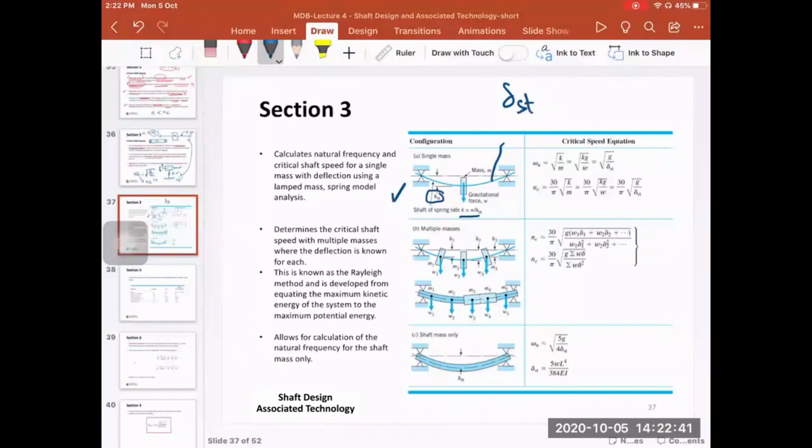Then we can calculate the lateral natural frequency, omega sub n, which is equal to the square root of k divided by m.